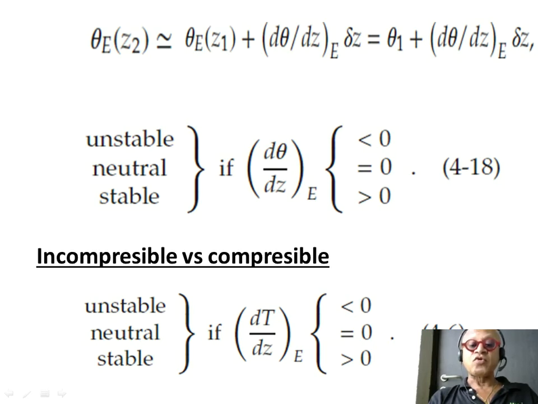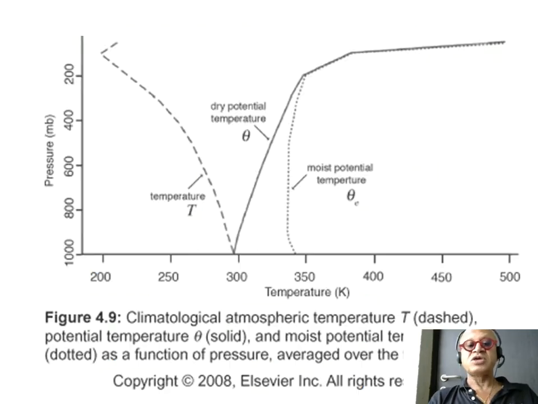So this would be for water. In water, which is incompressible, you can use the temperature gradient and move the parcel. The pressure effect is not going to be important, whereas in a compressible fluid, we have to use the potential temperature because the compressibility effect is going to be important.